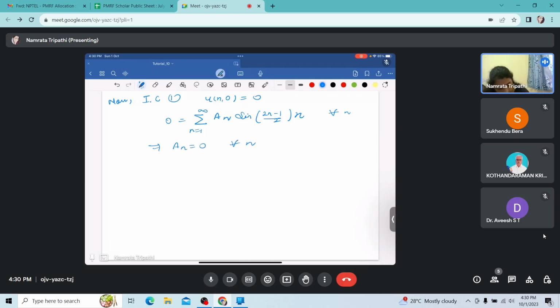In the second condition, which is u_t(x,0) is 1 plus cos 3x, then after applying this initial condition, you will get 1 plus cos 3x, and the right hand side will give B_n, after differentiating with respect to t and applying t equals 0.